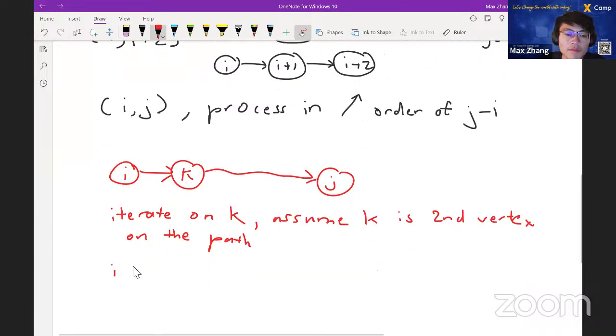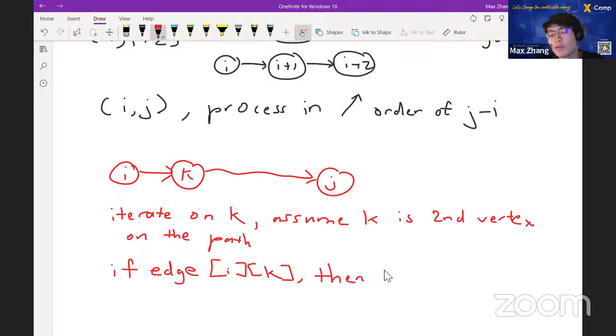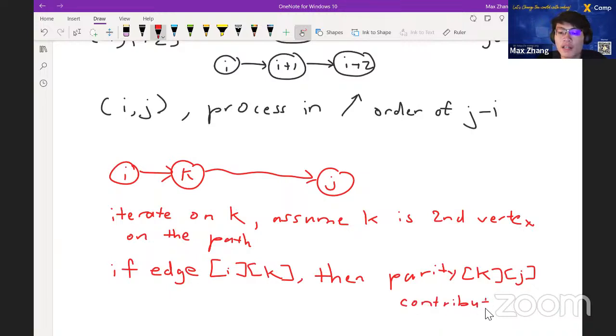And so now, if there's an edge from, let's say, i to k, then the parity of the number of paths from k to j will contribute to the total parity of the paths from i to j, right?